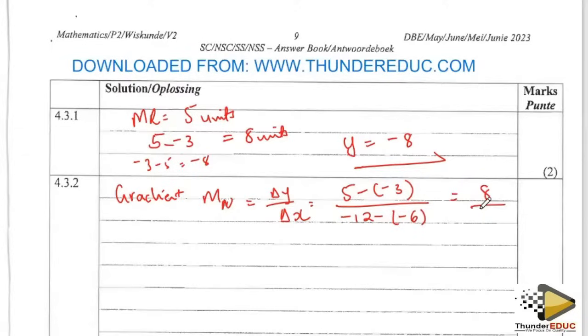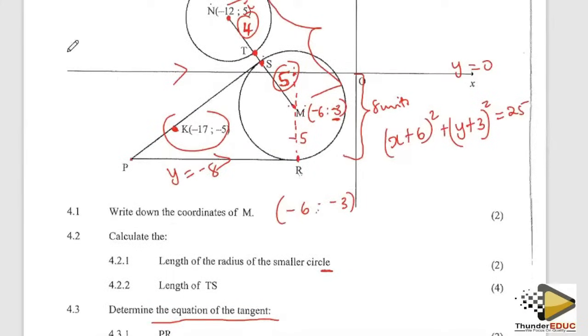Simplify that, that's going to be 8 over negative 6, which is very negative. But one thing I know is that this is more like a radius.